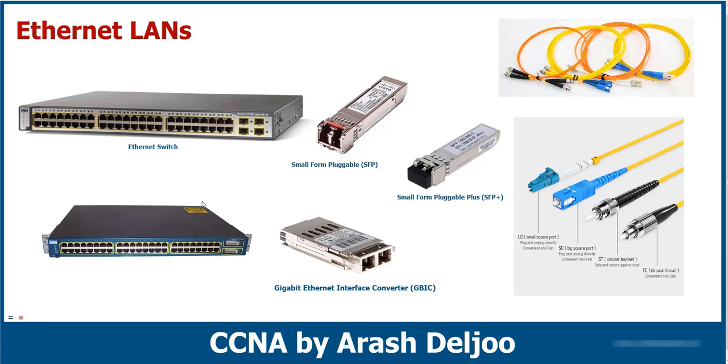Copper cable has only 100-meter capability for distance. Because of that, when we are using 2 switches in one building with more than 100-meter distance, we need to use the fiber.